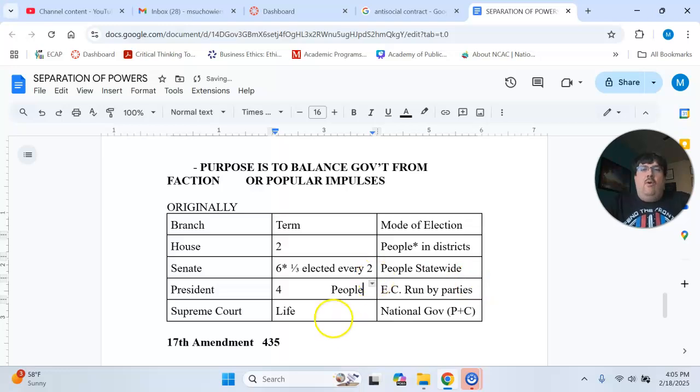So you can see how our balance system has changed. Originally, it was balanced by mediating popular impulses, but now it's very much the people. Very democratic, a very good way for people to have a say in what government does.